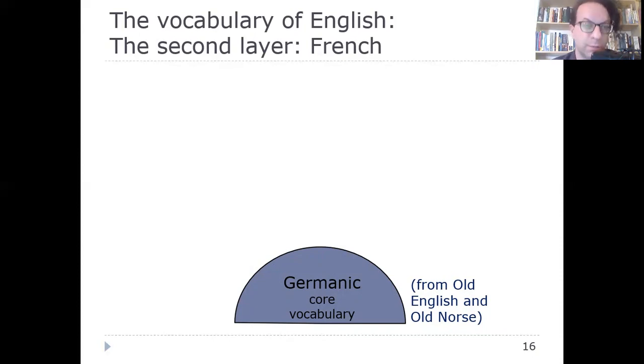They're words like to be, to do, to say, to have, right? And also some very, very important nouns like father, mother, right? Brother, or head, hand, heart, arm, and so on.